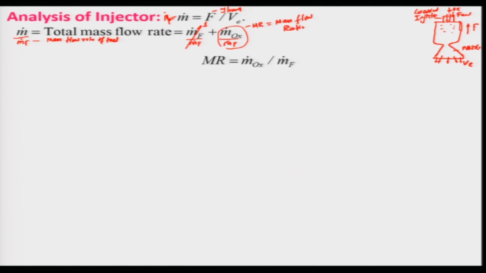Then I can get m dot f, which I can write down here: m dot f is m dot divided by 1 plus m r.